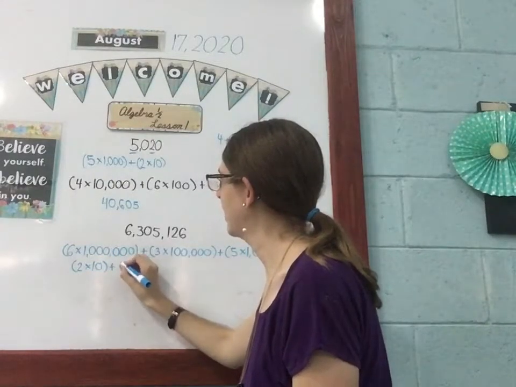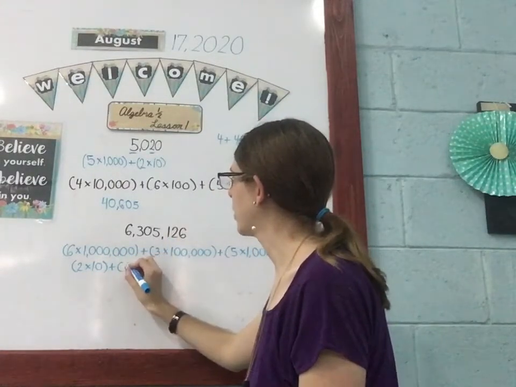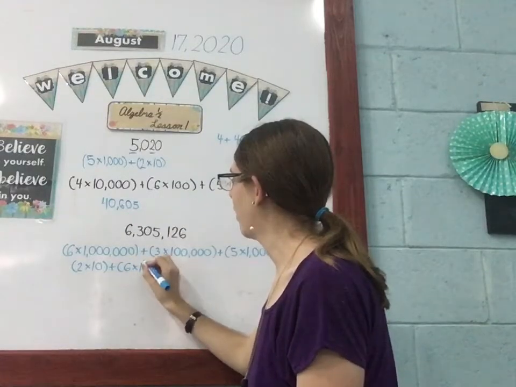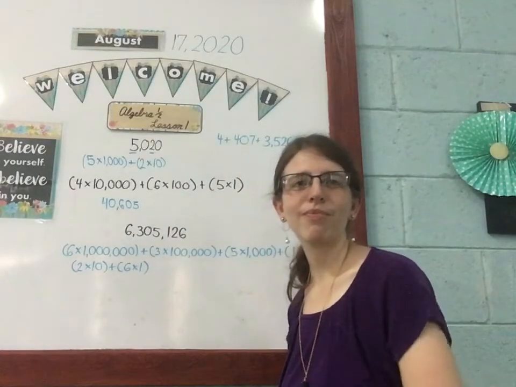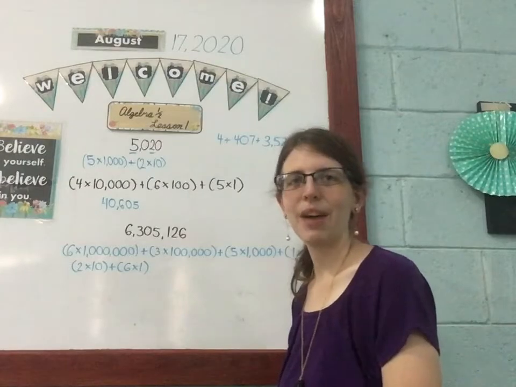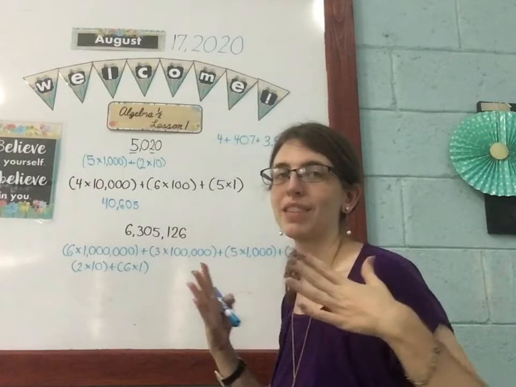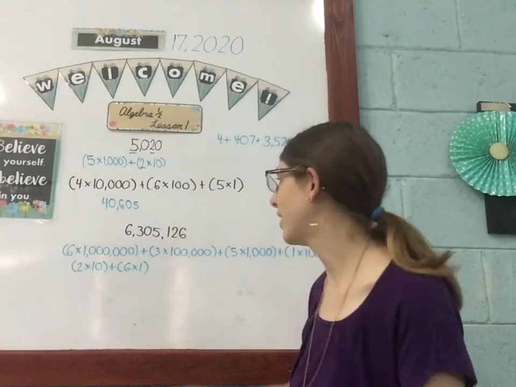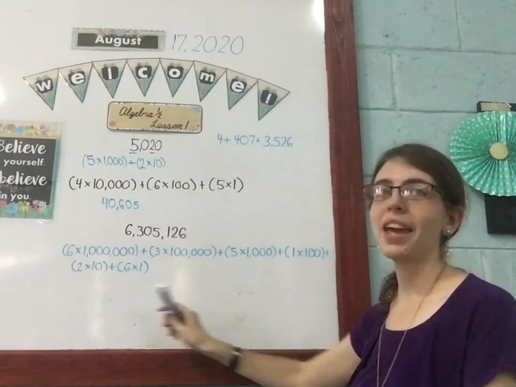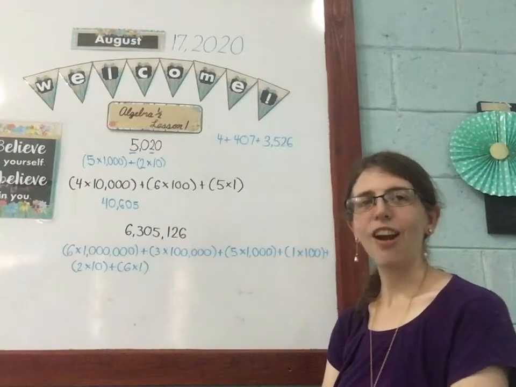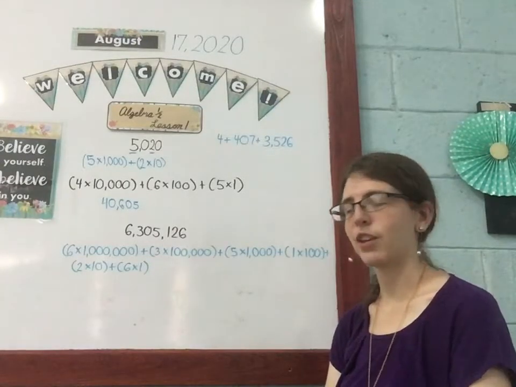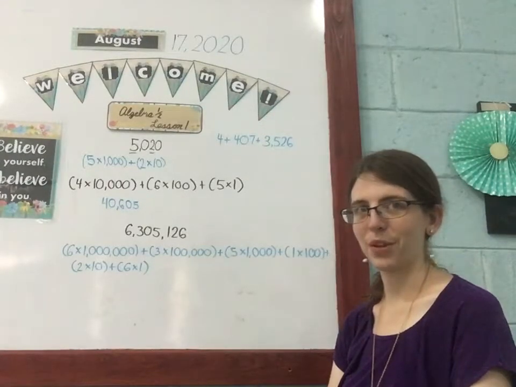Close parentheses, add it to the next number, which is 6 in the ones place. Okay? So there you have it. That's expanded notation. Remember, expand means when something gets larger. So you should have noticed that your number got way bigger. It's not hard, it's actually kind of fun, but it does make your number a lot bigger, okay?